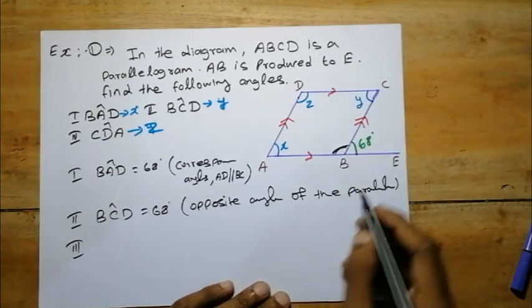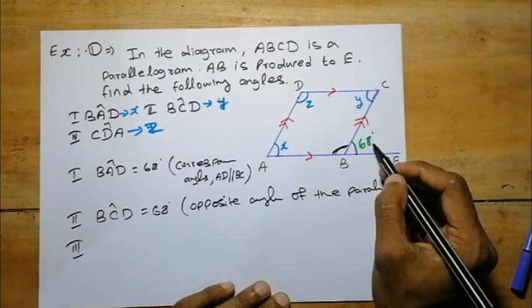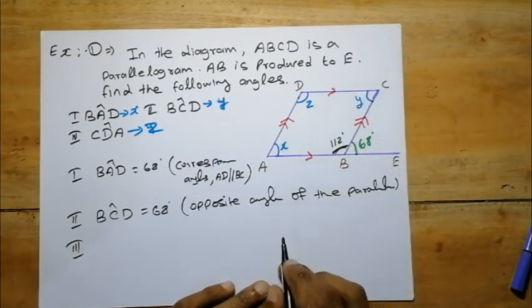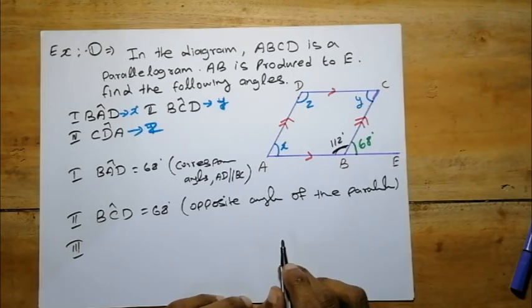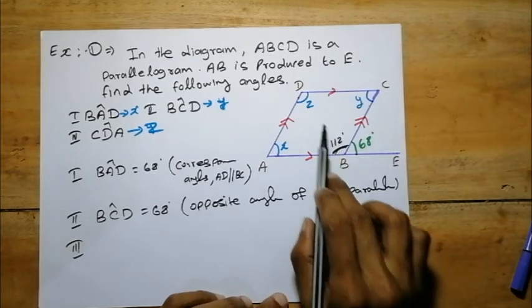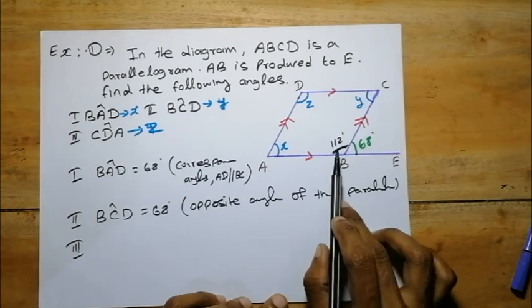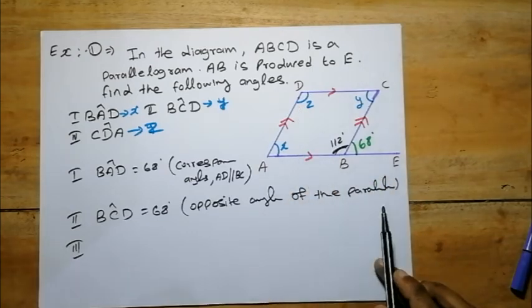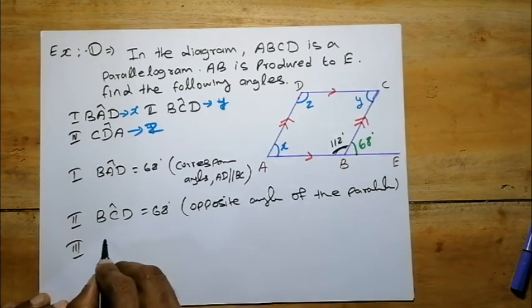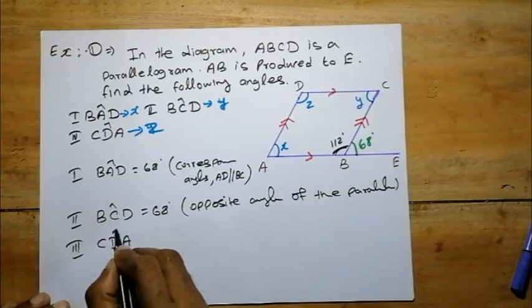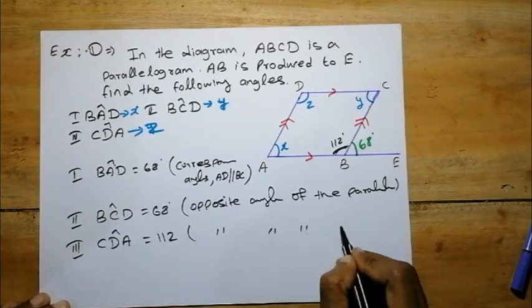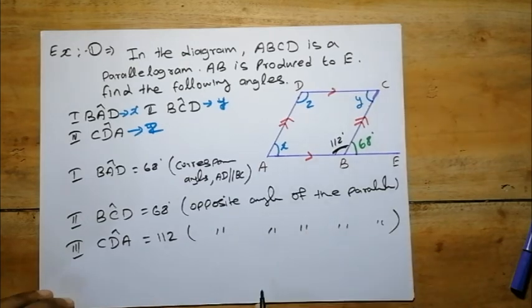It is the adjacent angle, 180 minus 68, which is 112. So we can easily find the adjacent angle, 112. What about 112 and Z? Same reason: opposite angles of the parallelogram are equal. So CDA is equal to 112, opposite angles of the parallelogram, same reason.